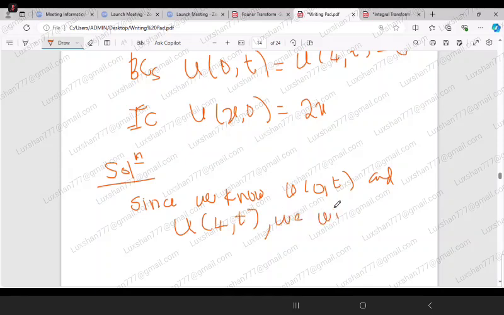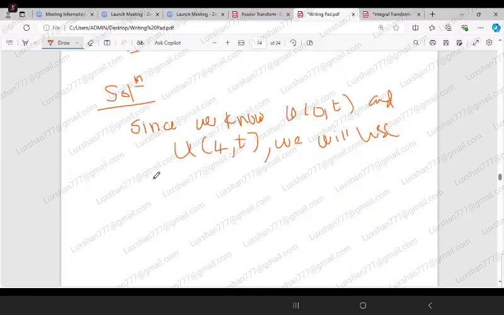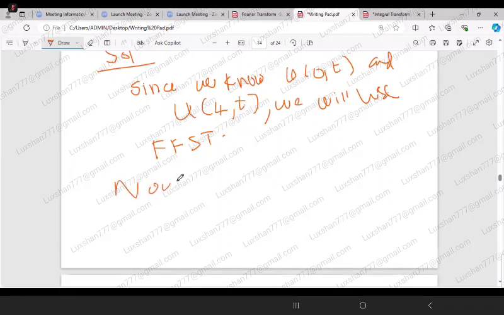Now take the finite Fourier sine transform of the given PDE.